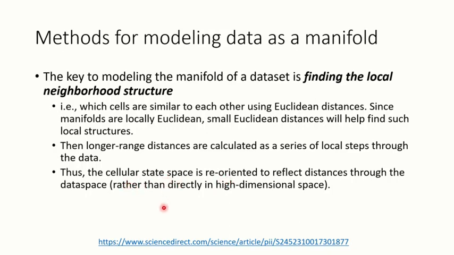So here the paper talks about the cellular state space. Okay, so our consideration right now is that cells are embedded in the cellular state space, and there is a high dimension nonlinear relationship between them. So we use a manifold to approximate this structure.